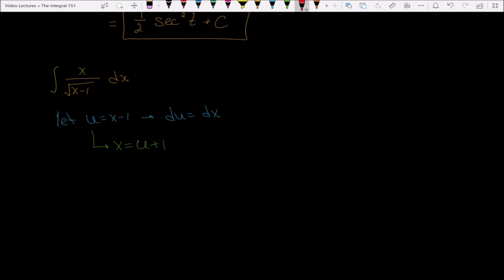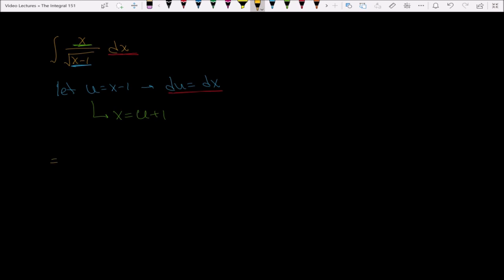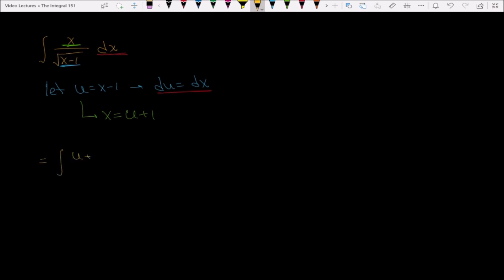All right, so let's do some color coding. Du equals dx, we're going to replace dx with du. We're going to replace x minus 1 with u. And then we replace this x here by that u plus 1. Doing so, we will get antiderivative u plus 1 over the square root of u du.